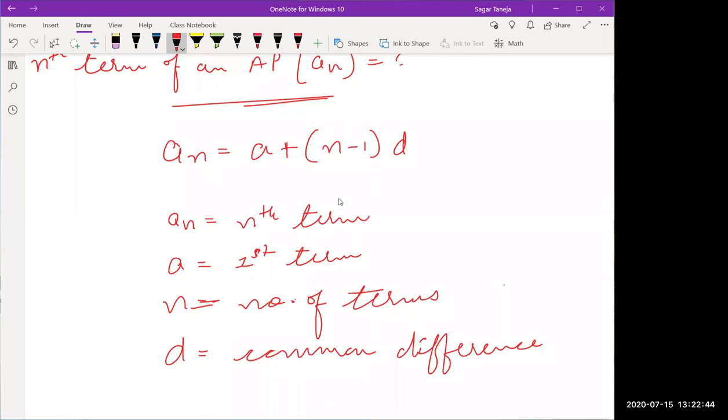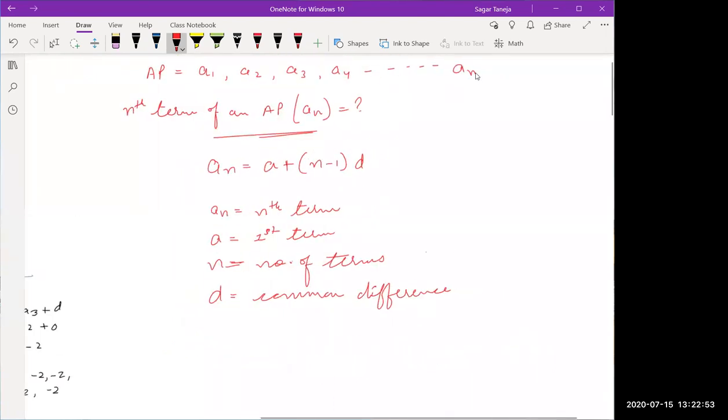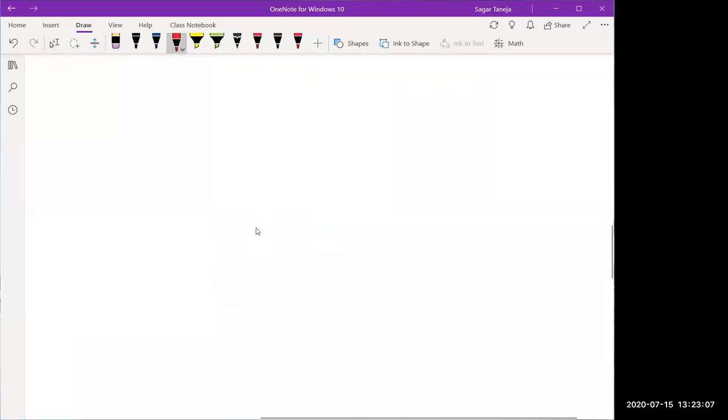And n minus 1 you can say is a term before the nth term, a n minus 1. But here n means the number of terms. Rest you will get to know here.